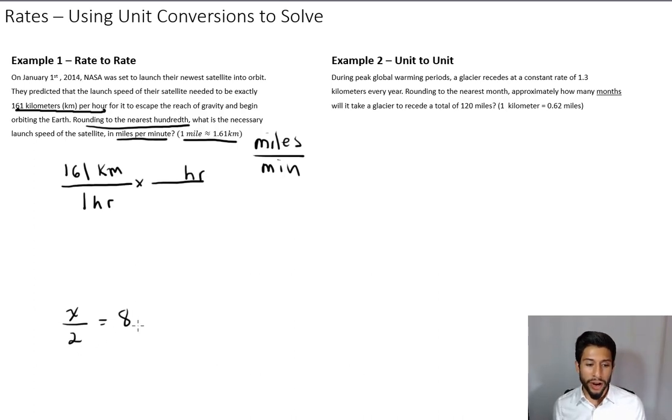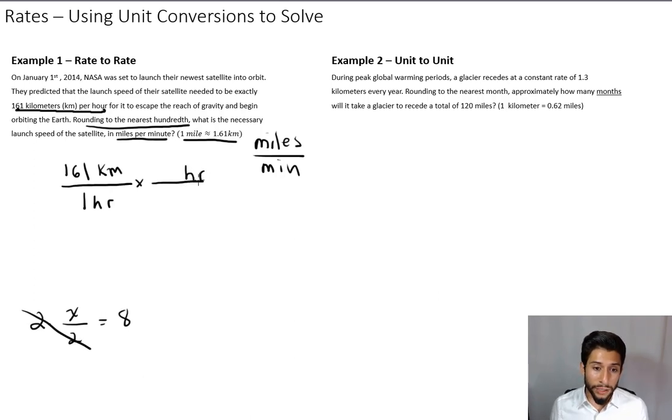And you wanted to solve for x, you would multiply by 2 to cancel these out. Multiplication and division cancel each other out. So you can think of this in the same way, right? Right here, the hours is dividing. So to cancel it out, I need it to be on top, which means that it would be multiplying. If that's too complicated, just remember, diagonal. So to get rid of hours here, I immediately put hours up here.